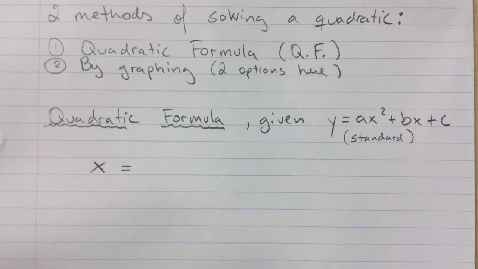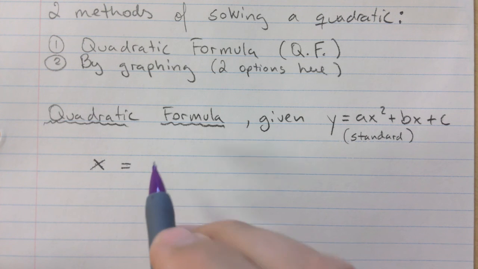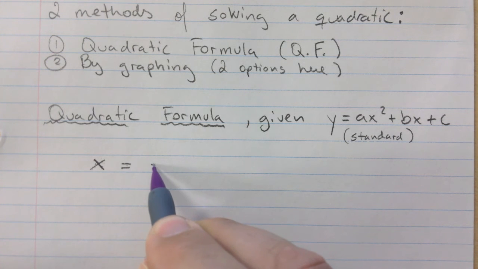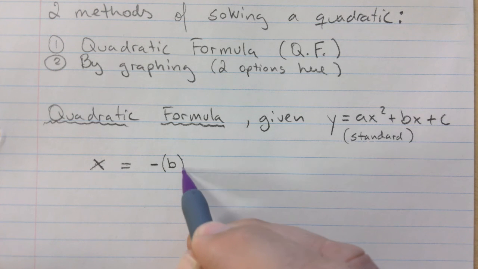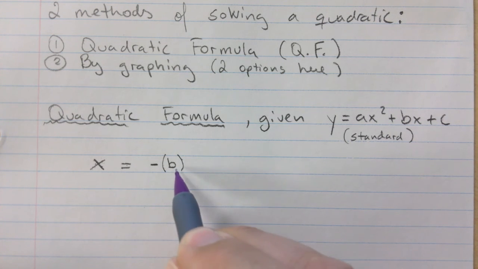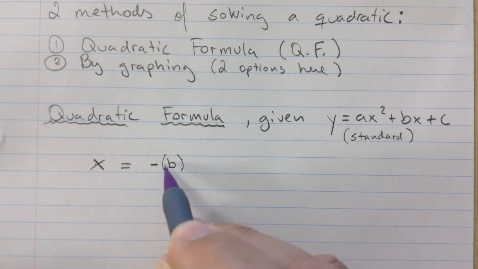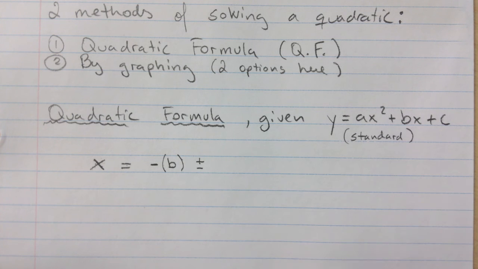If you would like to find the x-intercepts using the quadratic formula, of course you could do it using a calculator, but this is how you do it with a formula. You take negative b, and I will put brackets around it because the negative is already there. Whatever b is, that's what we're going to plug in here. Plus or minus.